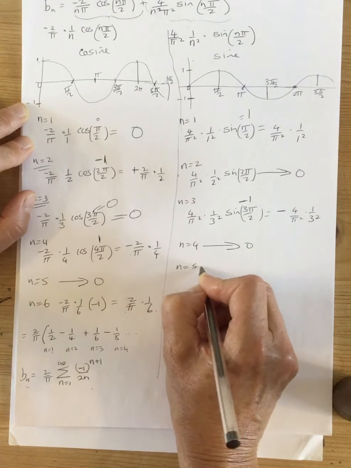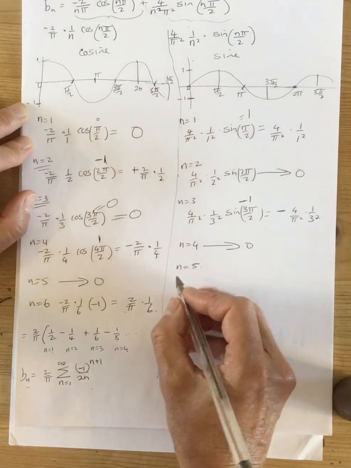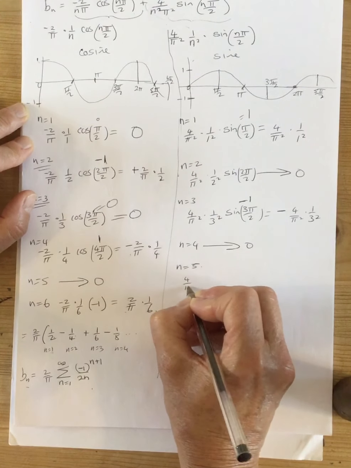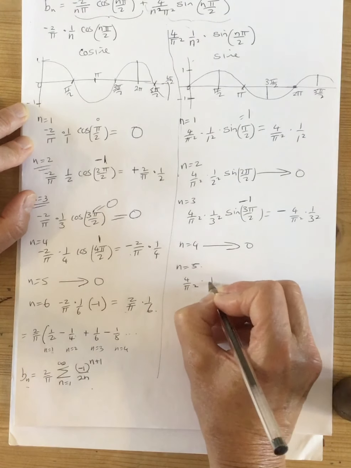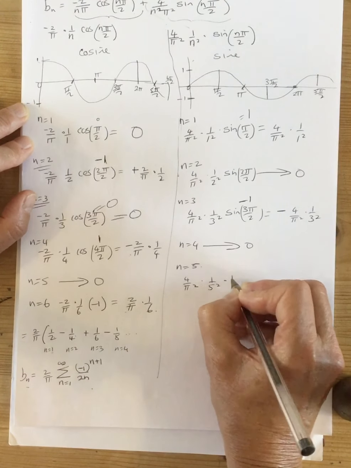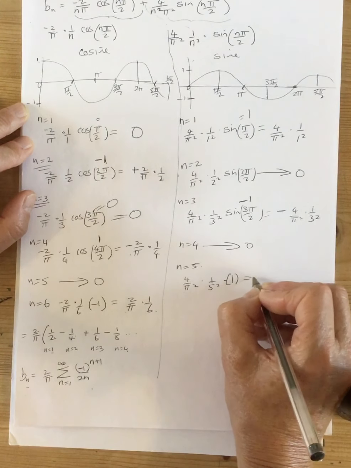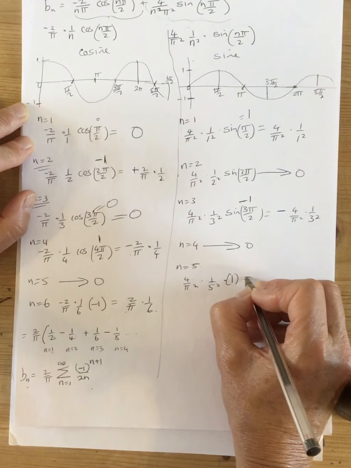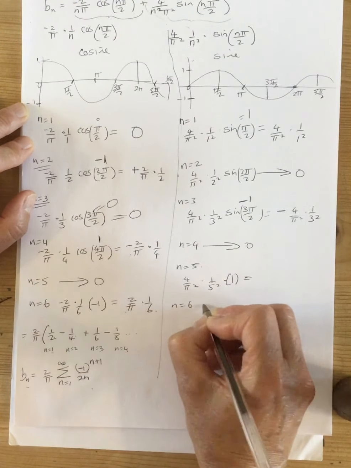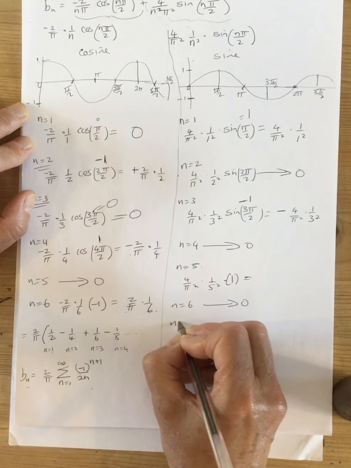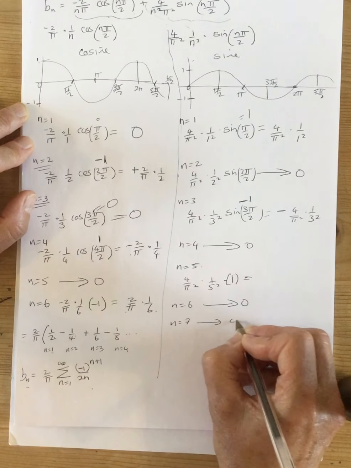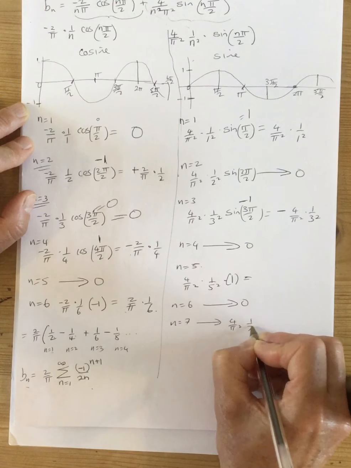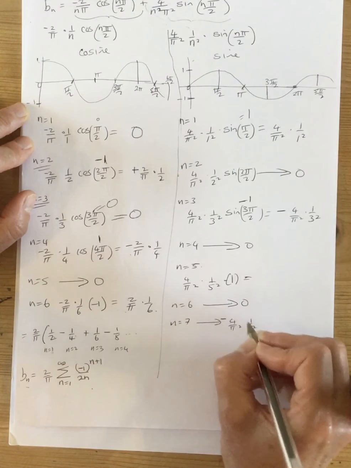When n equals 5, it's going to be 1, so it will be 4 over pi squared times 1 over 5 squared times 1. Right, that's that one, and so on. When n equals 6, it's going to be 0, and when n equals 7, it's going to be 4 over pi squared 1 over 7 squared times minus 1, minus.